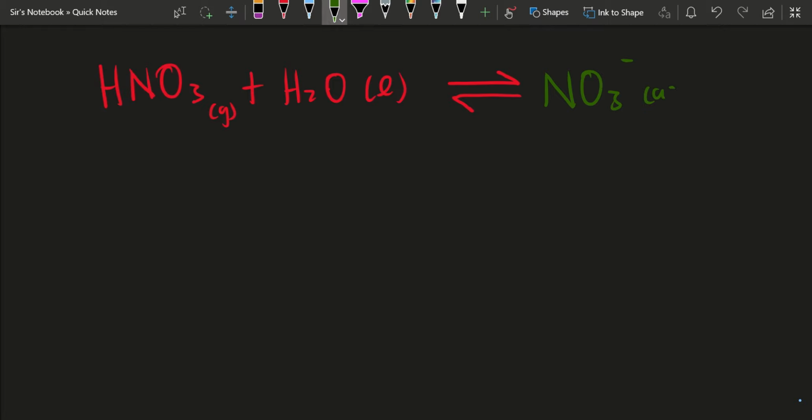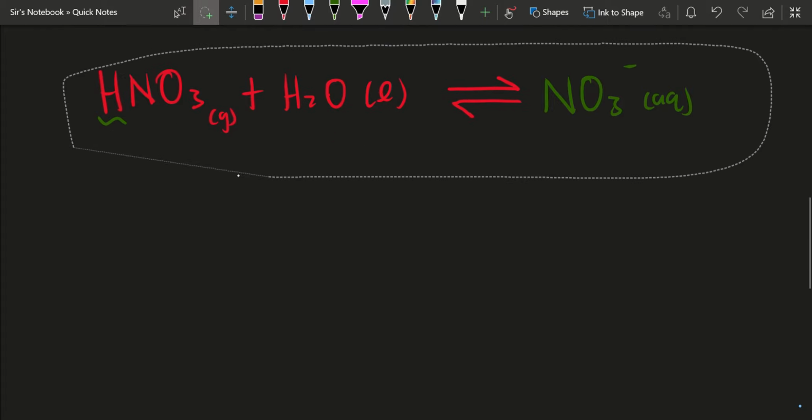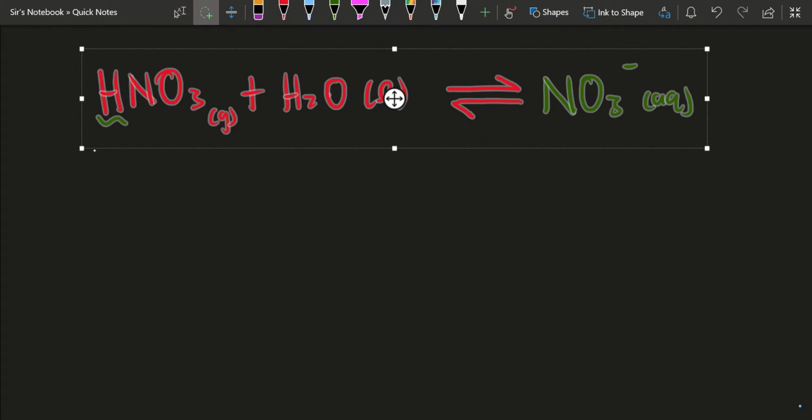Remember from the first video, we only have one H, therefore we can only donate one H. When I have a minus sign right there, that just means I've lost one proton. So nitric acid reacting with water gives me a nitrate ion.